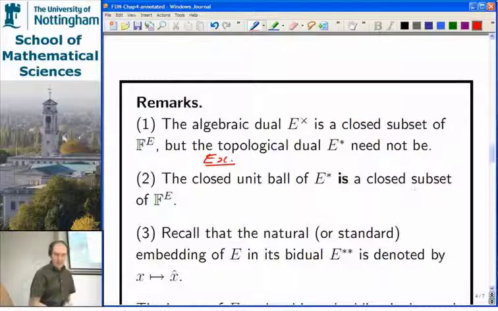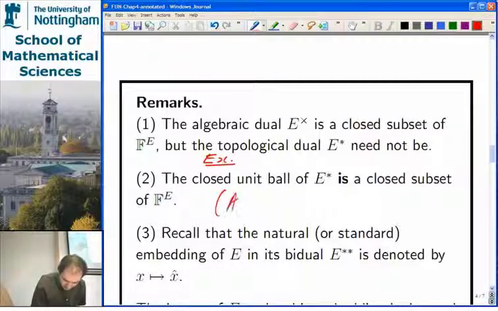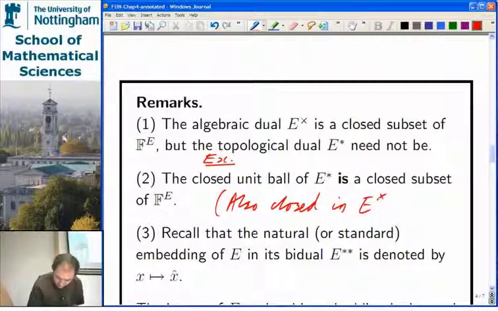That also makes it closed in E cross in the product topology, with the subspace topology from the product topology.